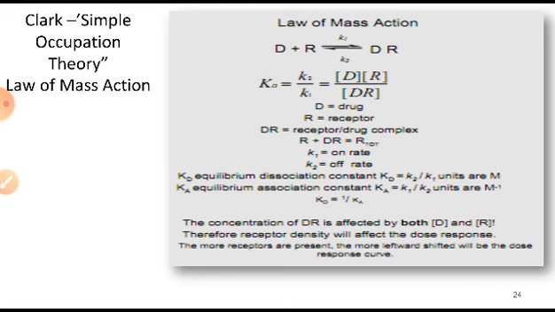If you need to know Kd, you have to do K2 by K1, and for Ka, K1 by K2. D is the drug, R is the receptor, so DR is the drug-receptor complex. This way the law of mass action has been defined by Clark's simple occupation theory.